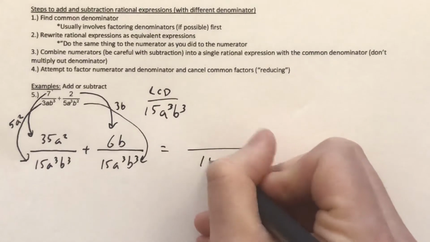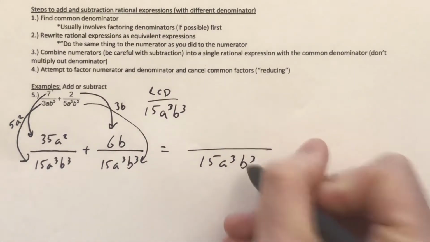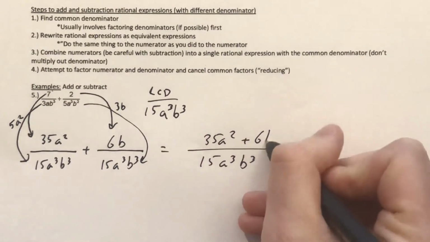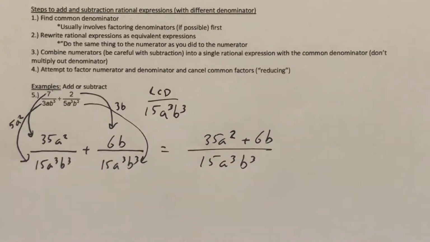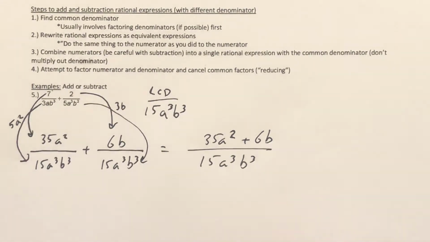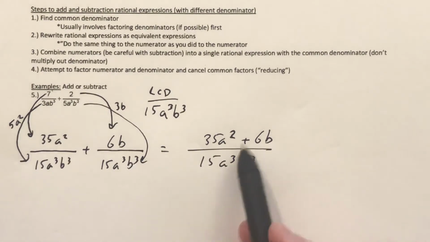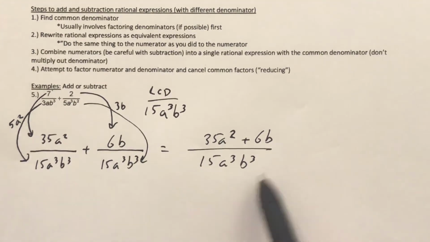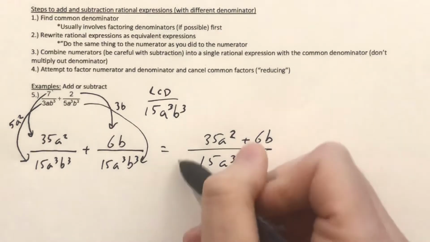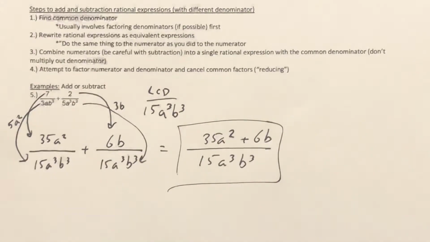But now those have a common denominator, so we can combine them. 35a squared plus 6b across the top. And this does not factor at all, right? No GCFs and nothing else. So if this doesn't factor, we're not going to find any common factors to cancel there. So that is its reduced final form.